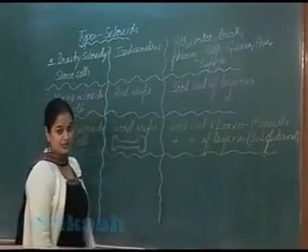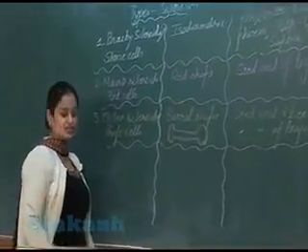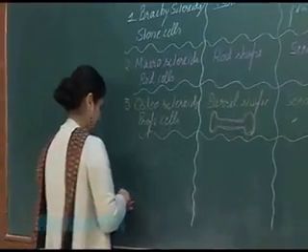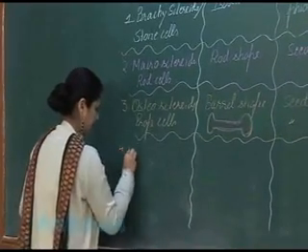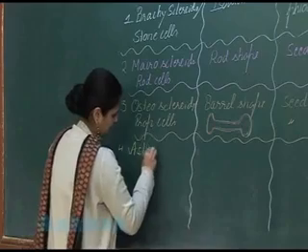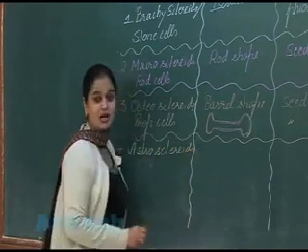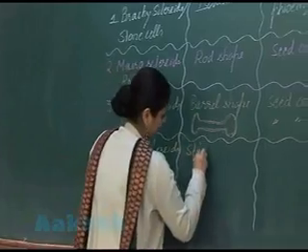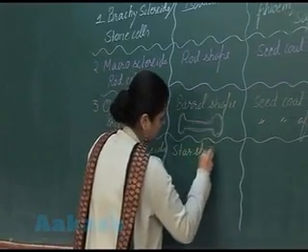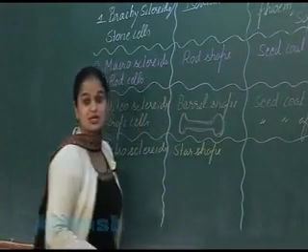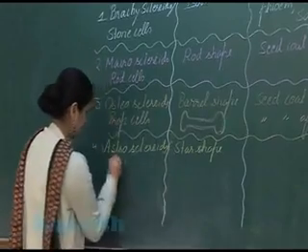After this, the next category is the astrosclereids. As the name suggests, they are star-shaped. That's why they are also known as star cells.